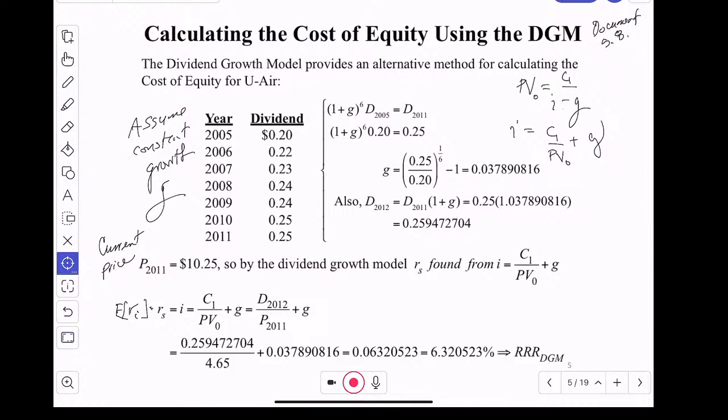So this will be the next dividend. This is the G, right? This is the next dividend, and this is the price. Oh, why do I have that number there? I knew I had a typo somewhere here. I think it still works out though. I gotta fix that in my notes. This should be 10.25.